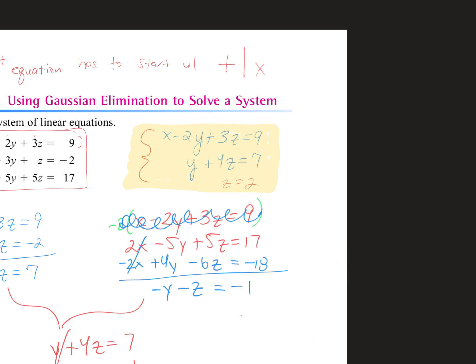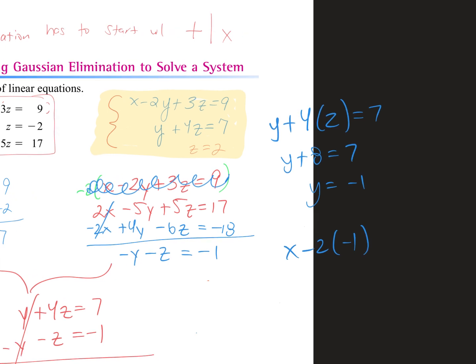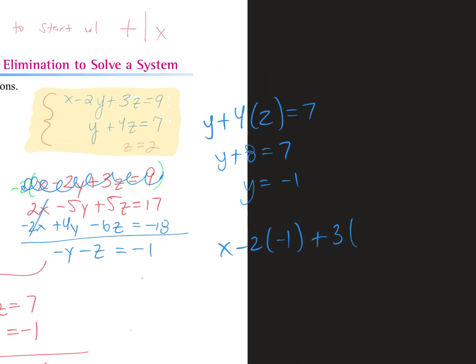Now we're going to take z equals 2, and we're going to say, well, y plus 4 times 2 equals 7. Y plus 8 equals 7, so y equals what? Negative 1. And now we're going to take x minus 2 times negative 1 plus 3 times z is 2 equals 9.